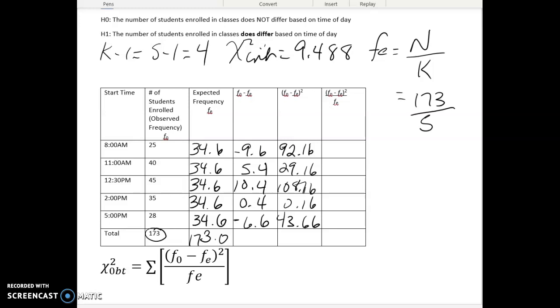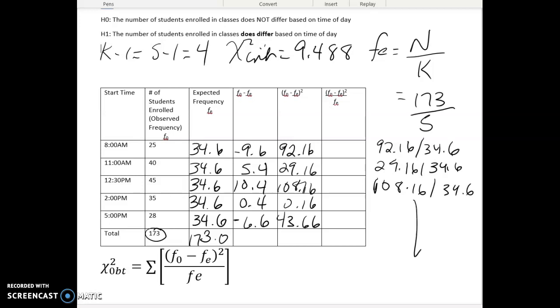Okay, and then last step again is we want to now divide this squared difference between the observed and the expected frequencies by the expected frequency, which is 34.6. So we're going to do 92.16 divided by 34.6, right? And then we're going to do 29.16 divided by 34.6. Right, and then we'll do 108.16 divided by 34.6, and so on and so forth.